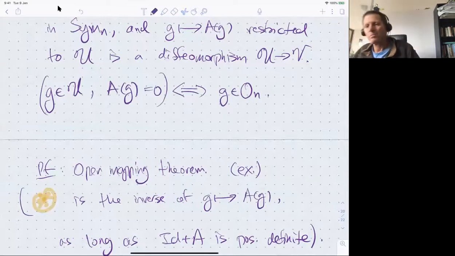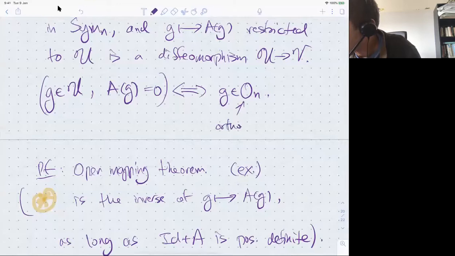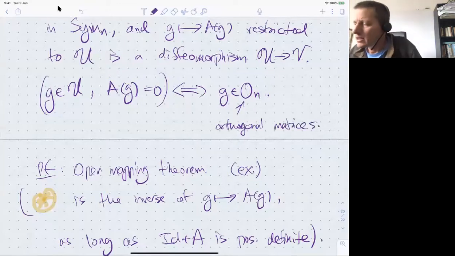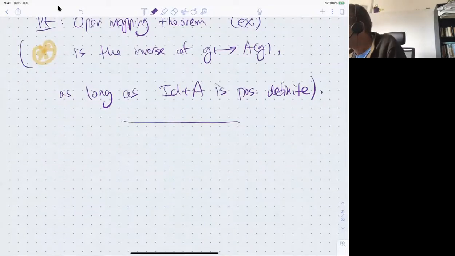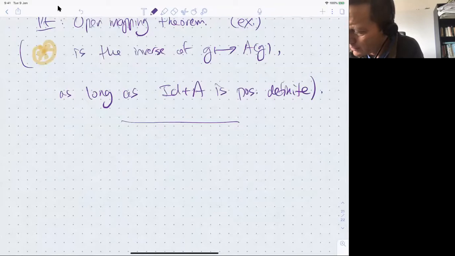This is the orthonormal matrices, orthogonal matrices in R. So this is an easy check, and we're going to need this proposition. Now some lemmas for the proof. Lemma 1.